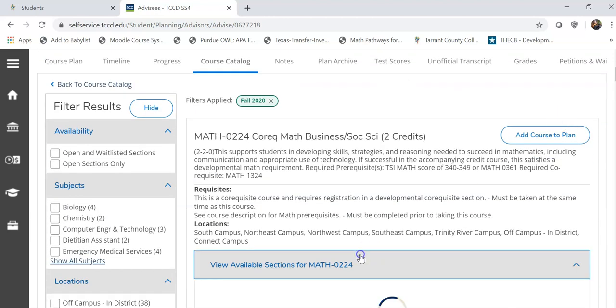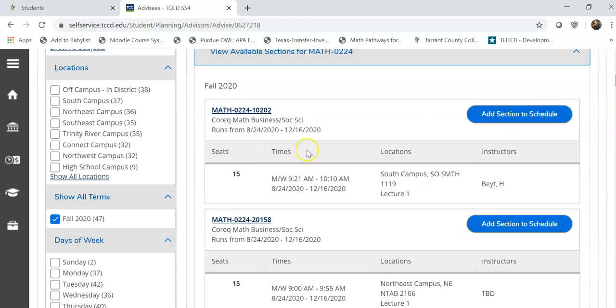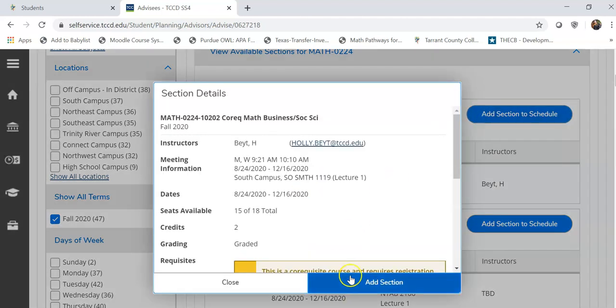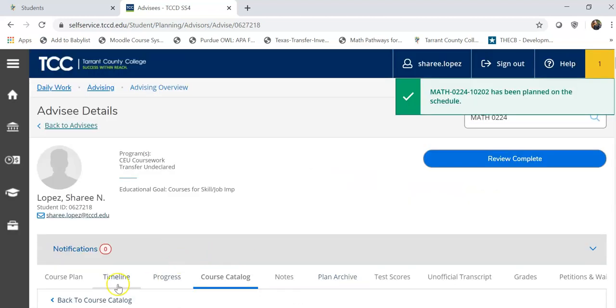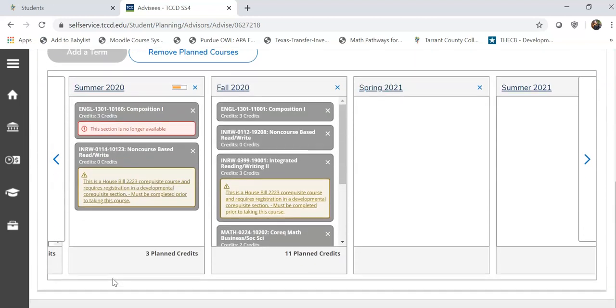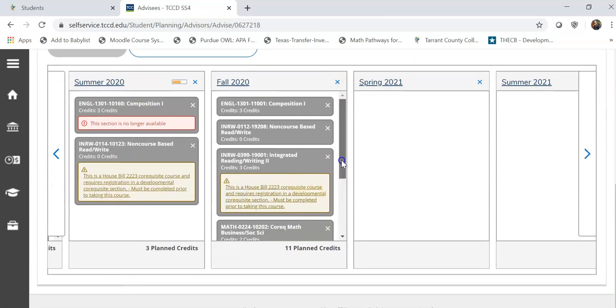Then I know we need to find 10.202? See, there it is right there. 10.202. Add to schedule. And then we go to our timeline. That's what I was talking about right there. So you see there's your 11 credits.